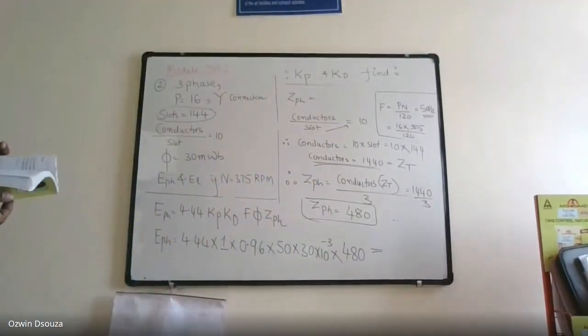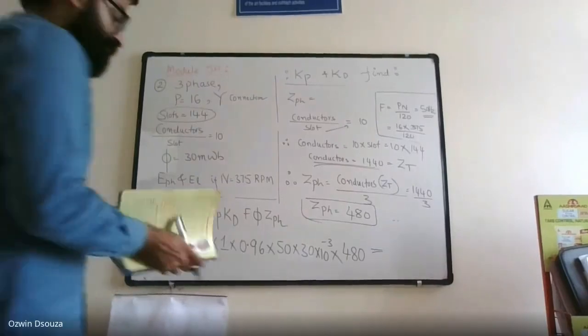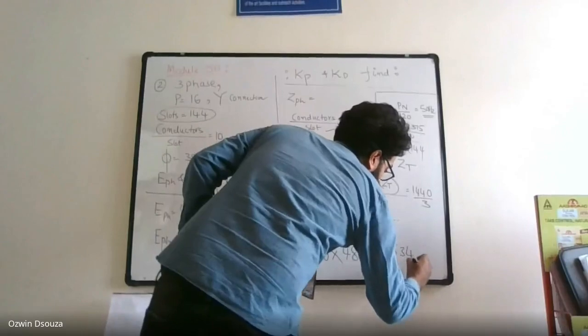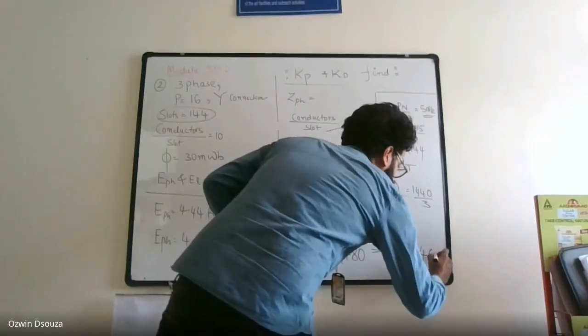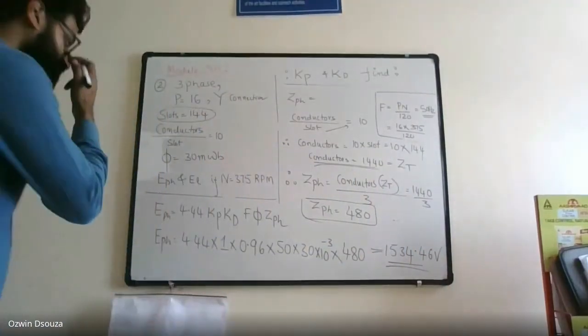Substitute and just let me know the value. How much will you get? E phase is 1534.46. Slight deviation you may get, that's fine.